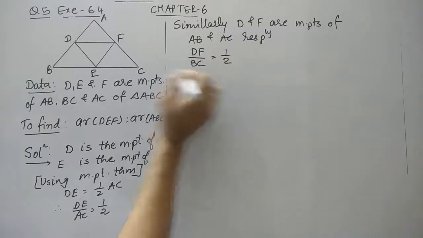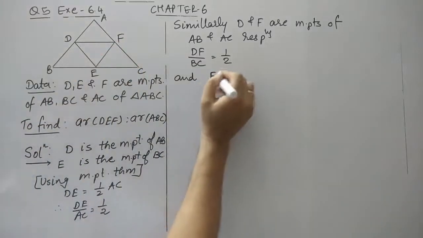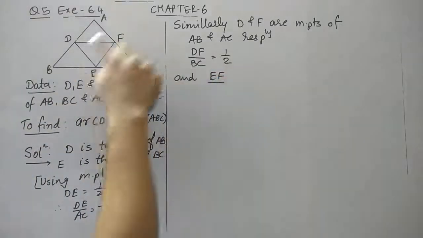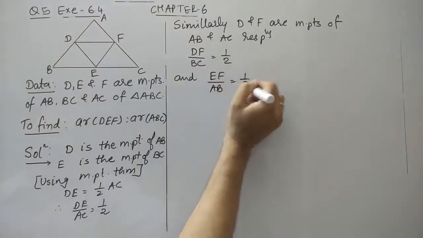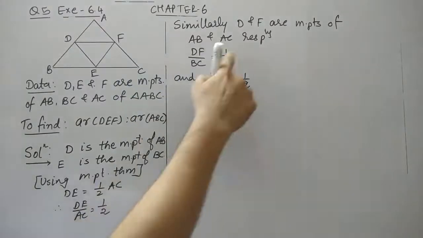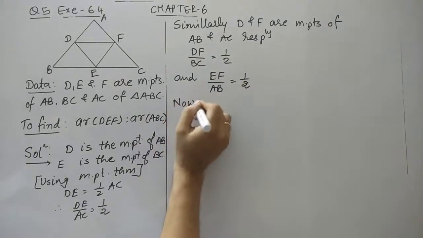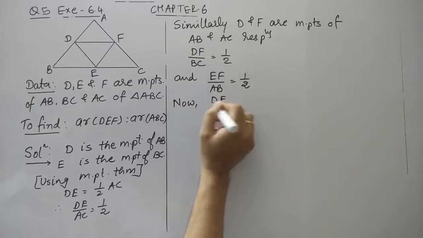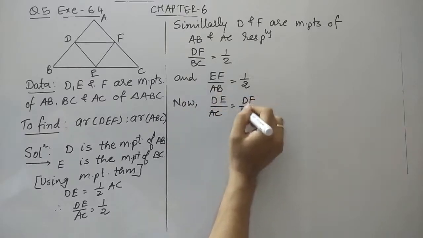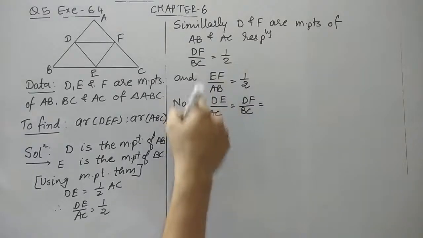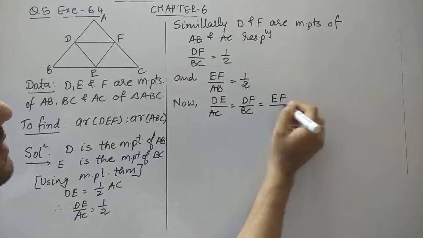And similarly, E and F are the midpoints, so we'll write directly that EF upon AB is equal to 1 by 2. So you can see the ratios of all these three are the same. DE upon AC is equal to DF upon BC is equal to EF upon AB.